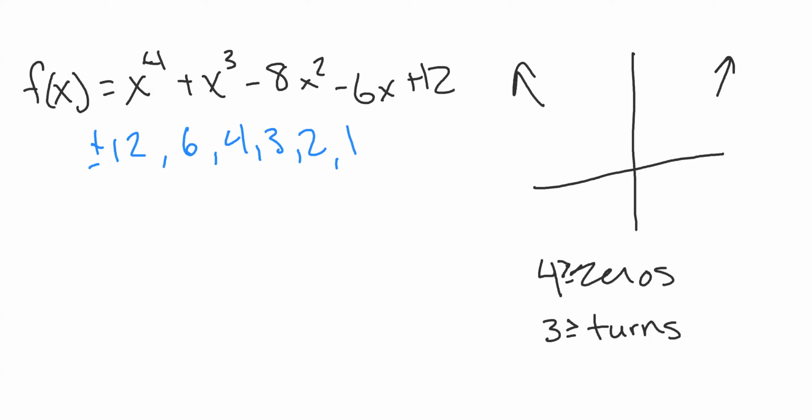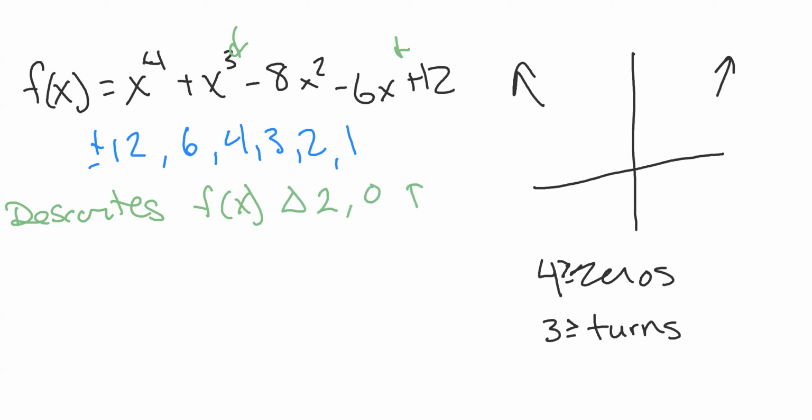So if we start with Descartes' rule, we can see that f of x changes sign here and here. So that's twice. So if f of x changes twice, then we have 2 or 0 positive real roots.